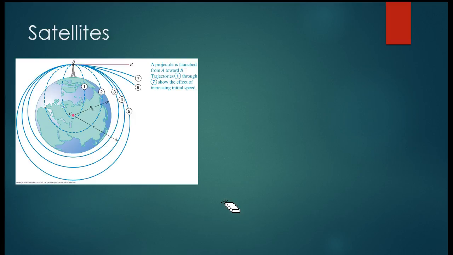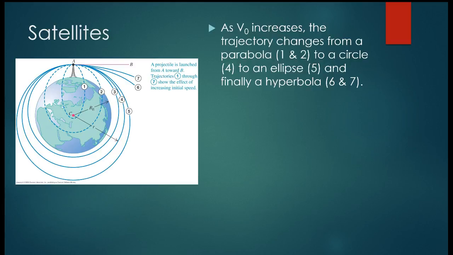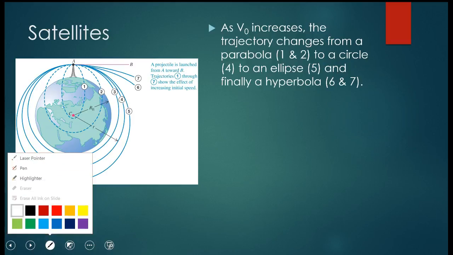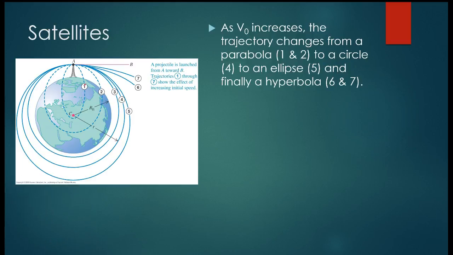All right, so first of all, we can see here that a satellite will follow many different paths depending on its initial speed. Okay, so as v0 of the satellite increases, the trajectory changes from a parabola, and the parabola is going to be paths 1 and 2.